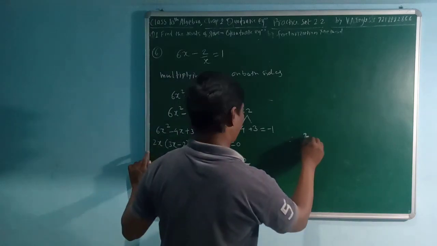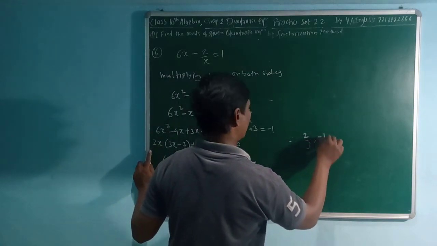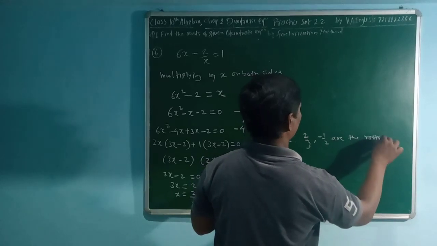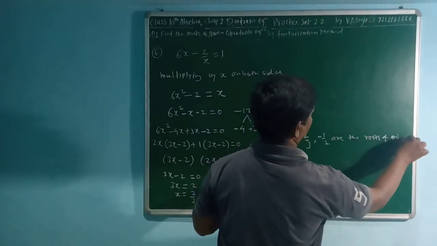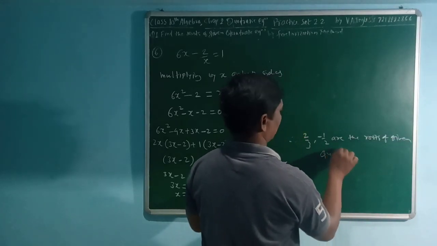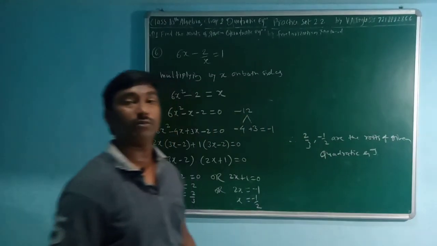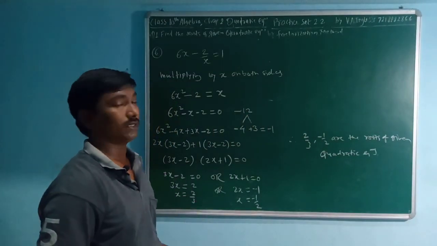Therefore 2 by 3 and minus 1 by 2 are the roots of the given quadratic equations. Okay, in this way you have to solve the quadratic equations.